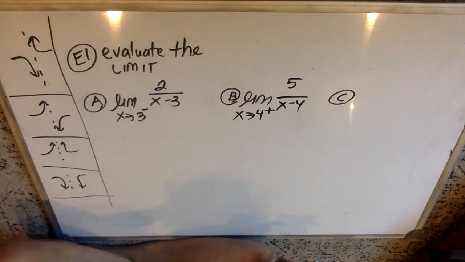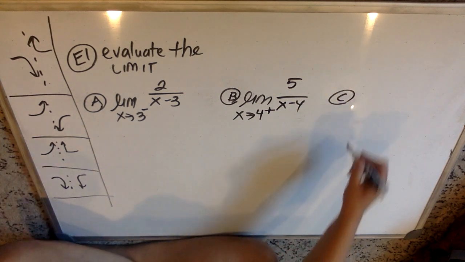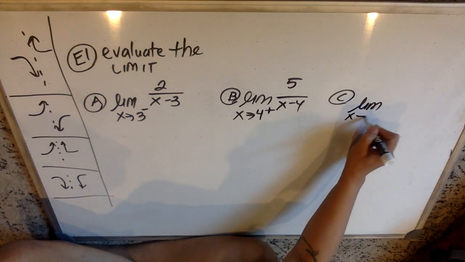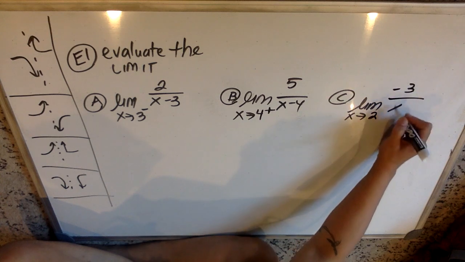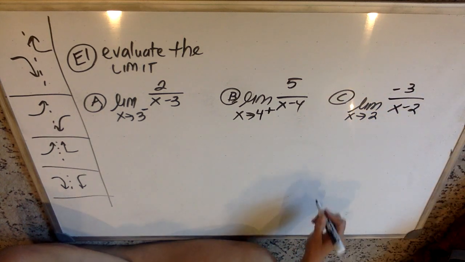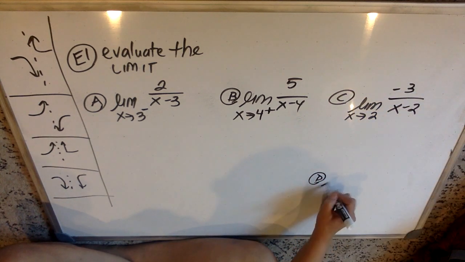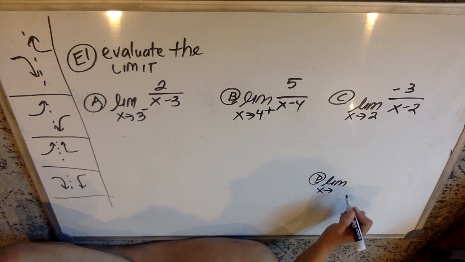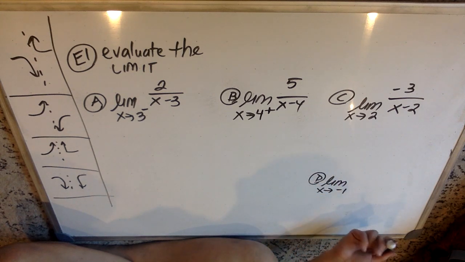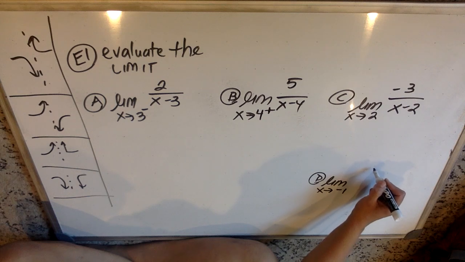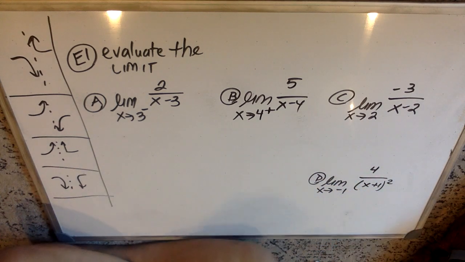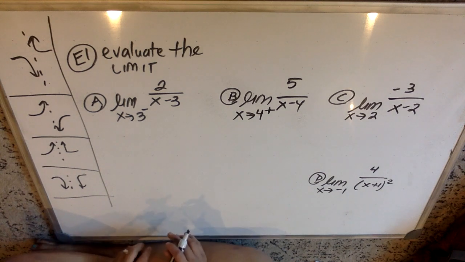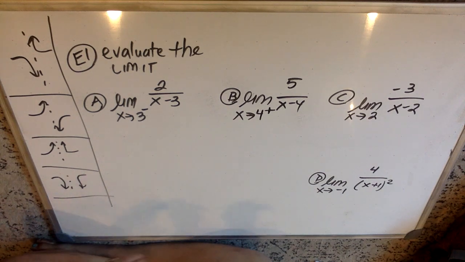Let's do the limit as x approaches 2 of negative 3 over x minus 2. And I'll give you one more. We're going to do D. Let's do the limit as x approaches negative 1 of 4 over x plus 1 squared. Okay, great. So we'll see if I end up running out of room to do these.